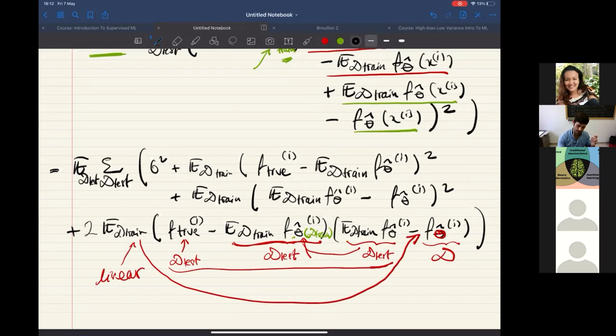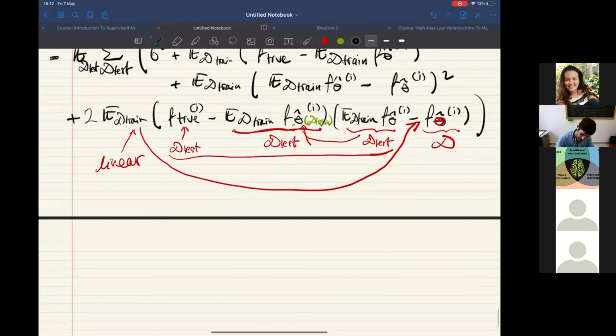And what does it give? It gives me 0, because you see, the parenthesis which is there gives me expectation over D train of f theta of x minus the same thing.